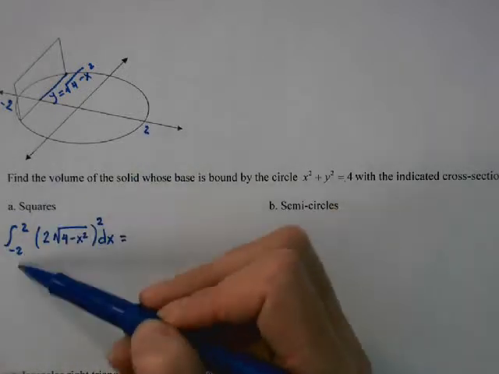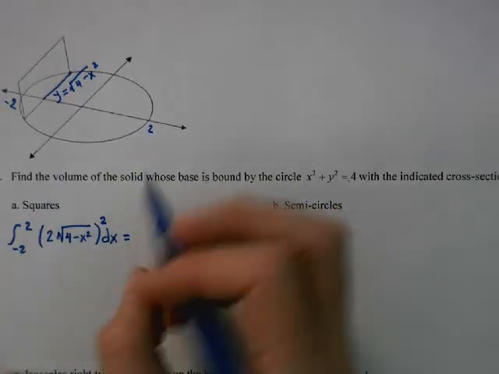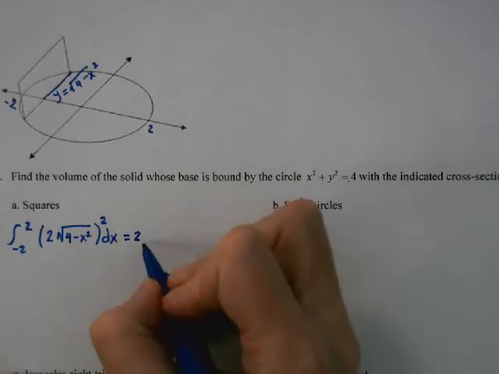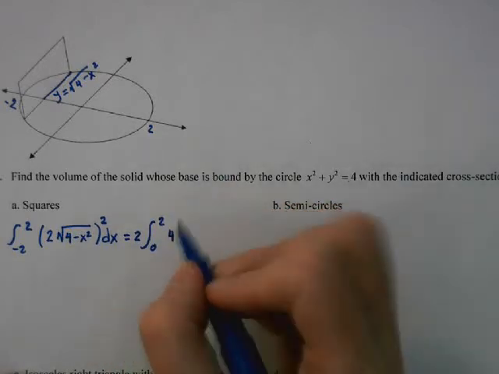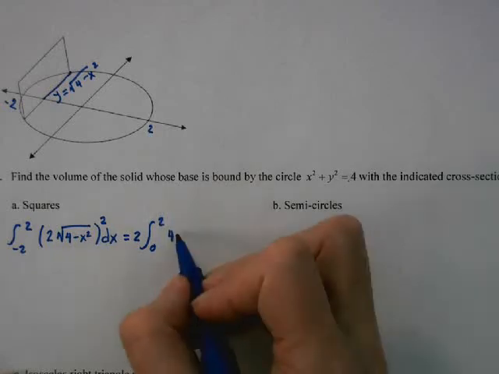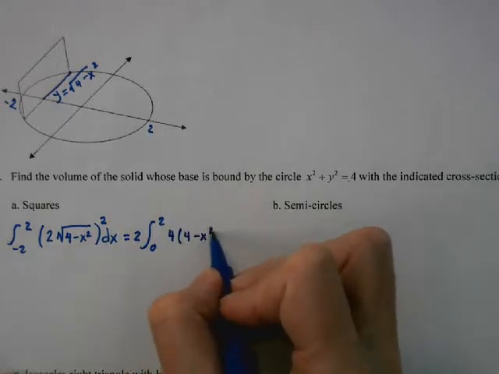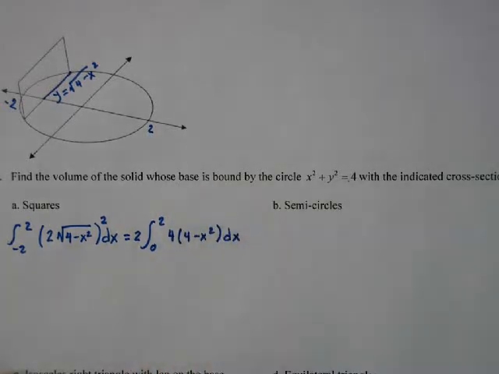It's typically, if you have something symmetric like this, instead of going from -2 to 2, I'm just going to double and go from 0 to 2. So if I square this, I'm going to have a 4 here, and 4 minus x squared on the inside.